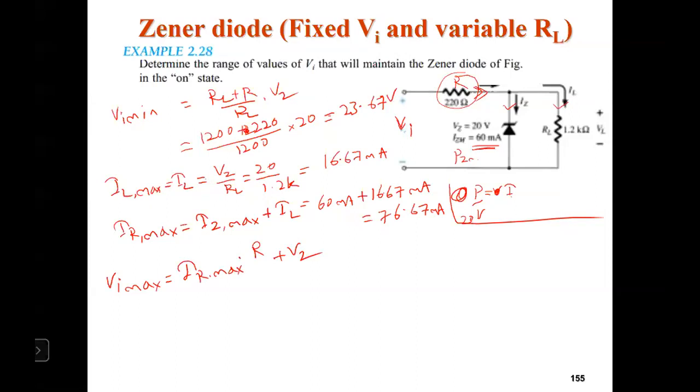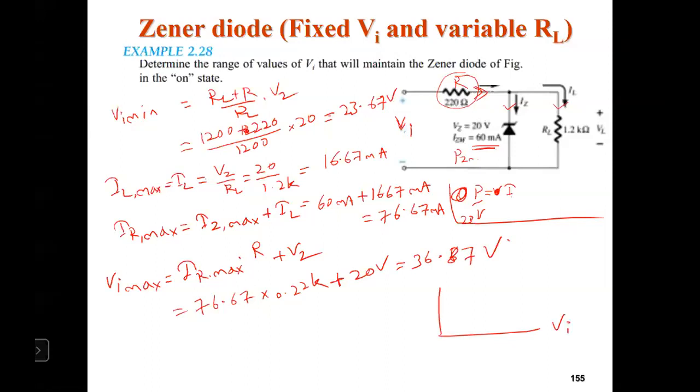Just put in the values and you can calculate it: 76.67 into R, 0.22K, plus VZ. VZ is given as 20 volt. So calculated, it will be 36.87 volt.